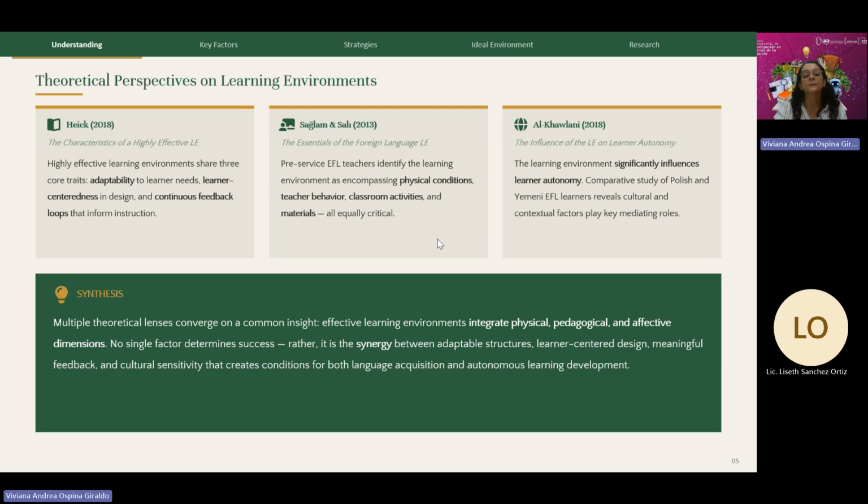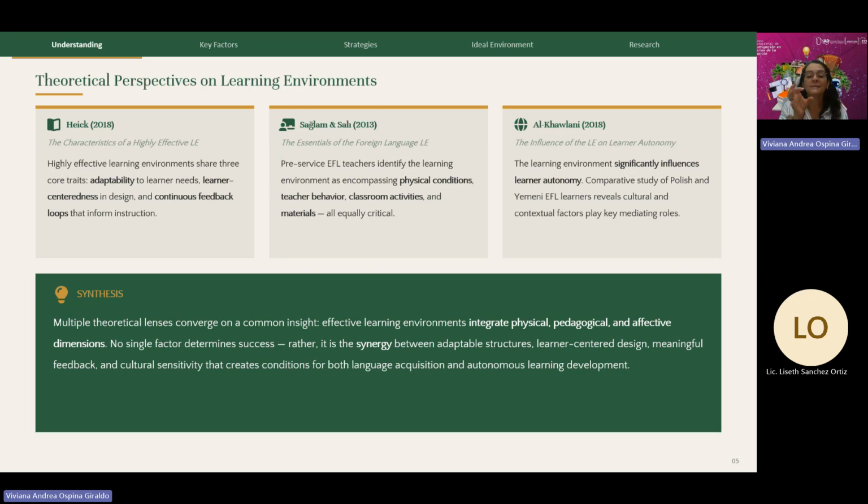And considering also their cultural background. Cultural awareness is important when it comes to the classroom itself. So, to synthesize, multiple theoretical lenses converge on a common insight.